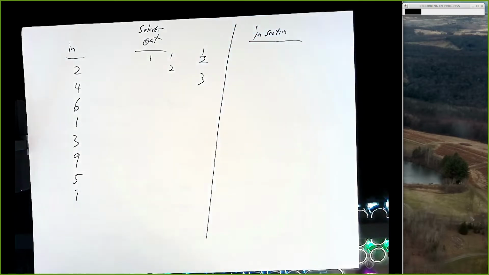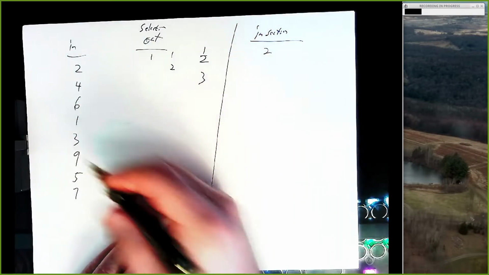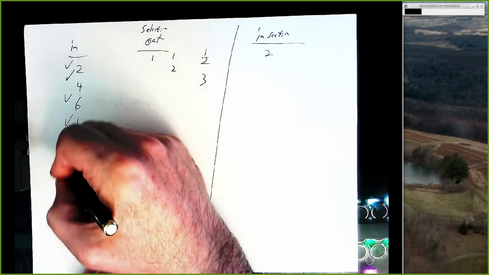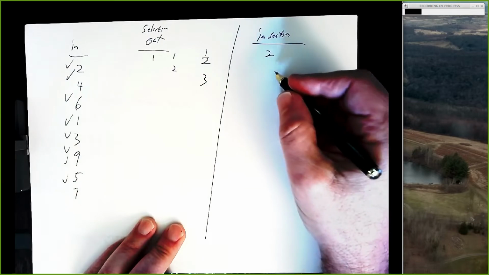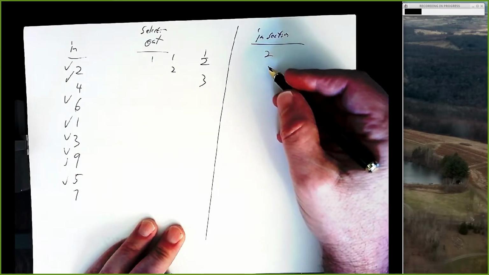For an insertion sort, what's the first number that's going to appear in the output? A 2? It's going to be a 2, because in insertion, we don't do any work in selecting. We just start at the beginning and we go down the list. But when we take each of these and we put it in the output, we put it in the right spot. So this is our linked list sort, right?